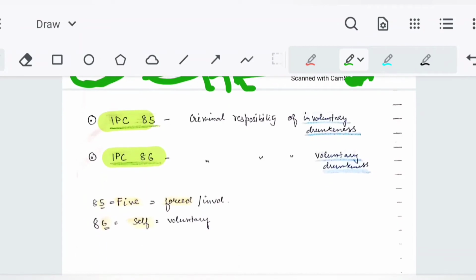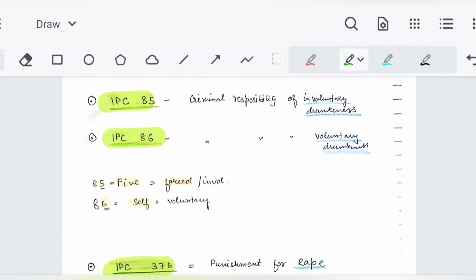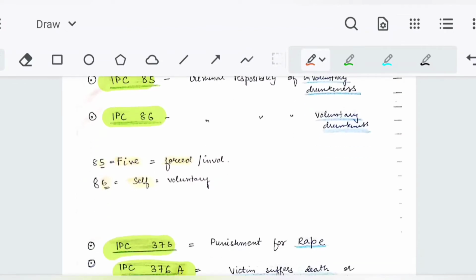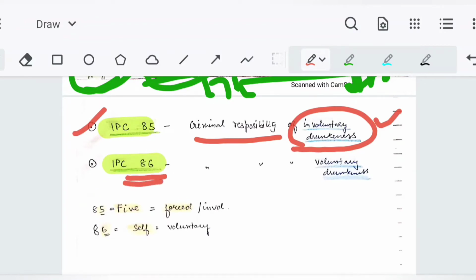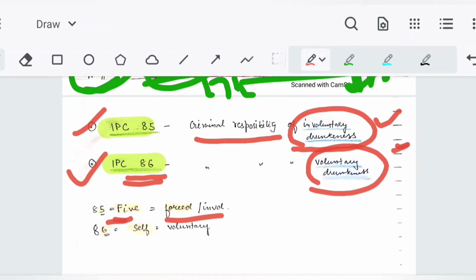Okay. Now again coming to some IPCs. IPC 84 deals with criminal responsibility of involuntary drunkenness, and 86 deals with voluntary drunkenness. 5 is for forced, that is involuntary.